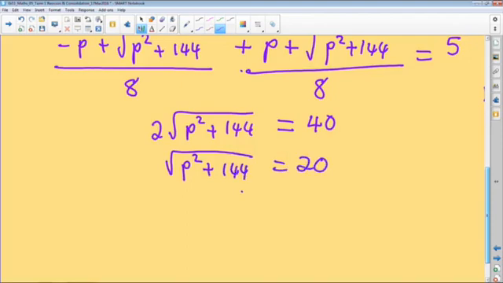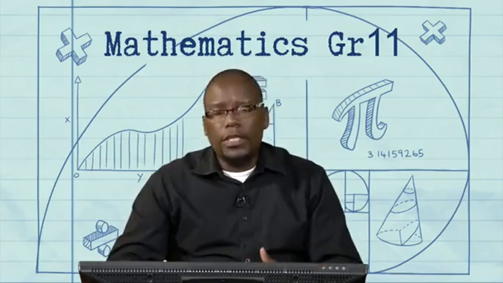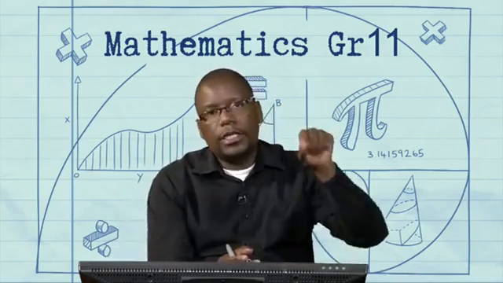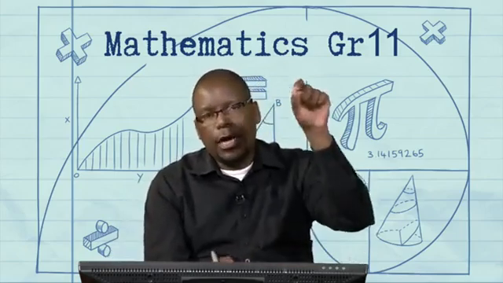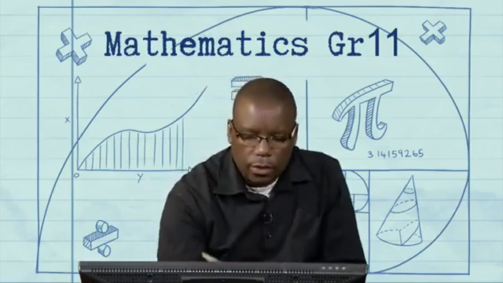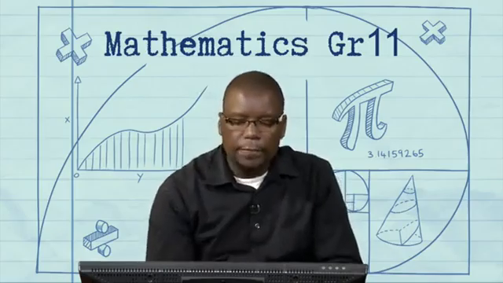And then now again it goes back to what we've been doing from the beginning of the year, your surds, right? Squaring on both sides. Now remember, if you square on your left, that 2, which is that half multiplied by that 2, cancels out. So you have to square on both sides, all right?